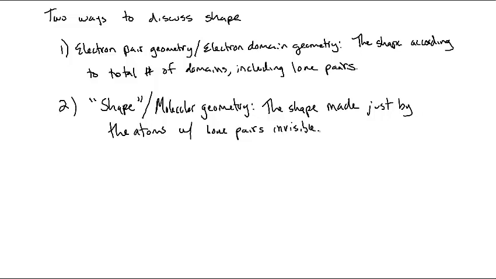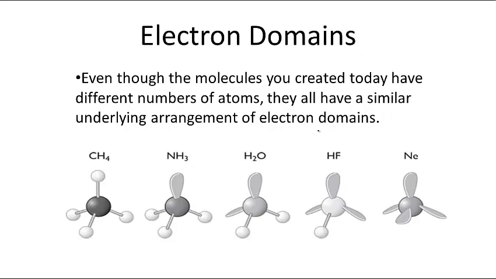They're still there pushing. They're still there repelling. Those lone pairs, the effect of them on the shape has not changed, but they are now invisible. And so let's look at some examples of this so we can hopefully understand it a little better.